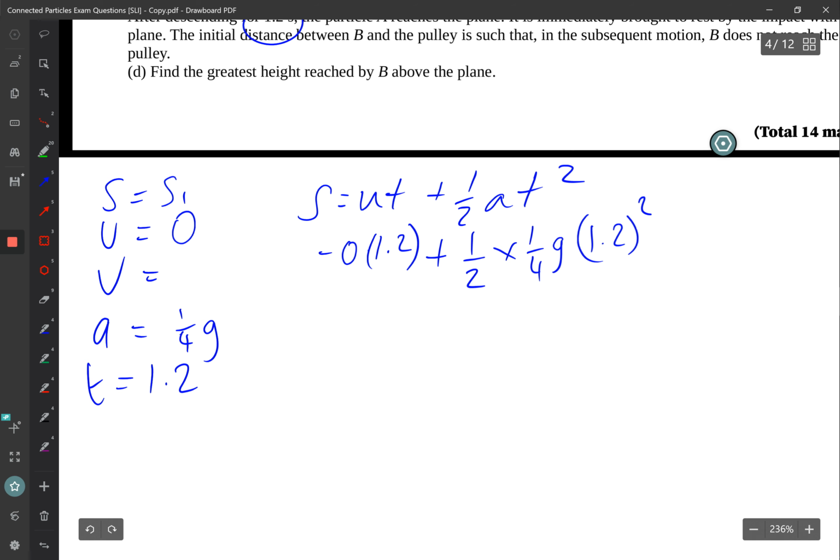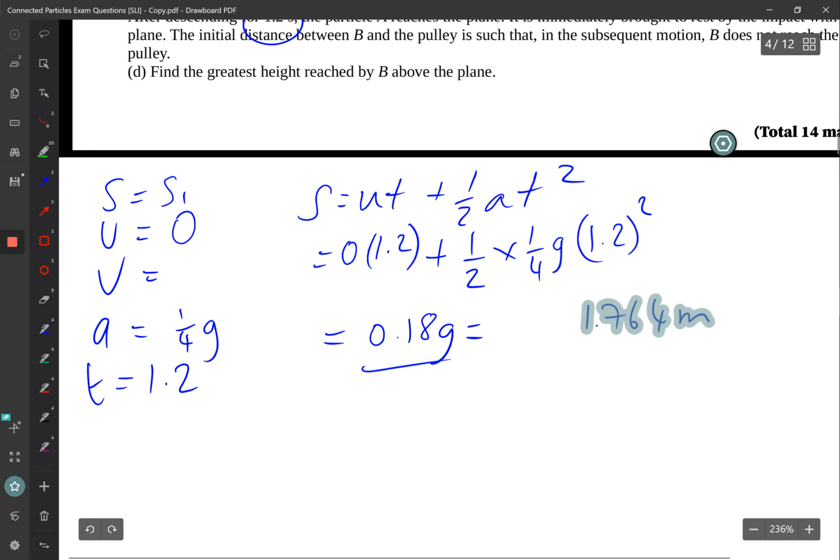You can simplify that. That comes out to 0.18 g. Obviously, as a final answer, you'd turn that into a decimal, 1.764 meters, but we're going to leave it like this just to keep accurate. So I'm going to put 0.18 g meters.